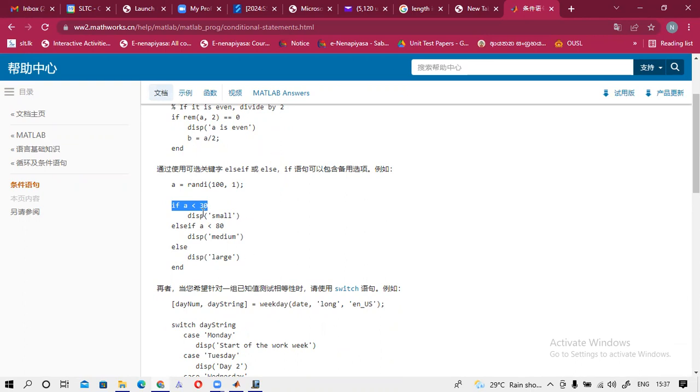You have to put end after the if condition and end after the for loop. If you write a conditional statement in a for loop, you will have to put the end command for the conditional statement and also for the for loop.